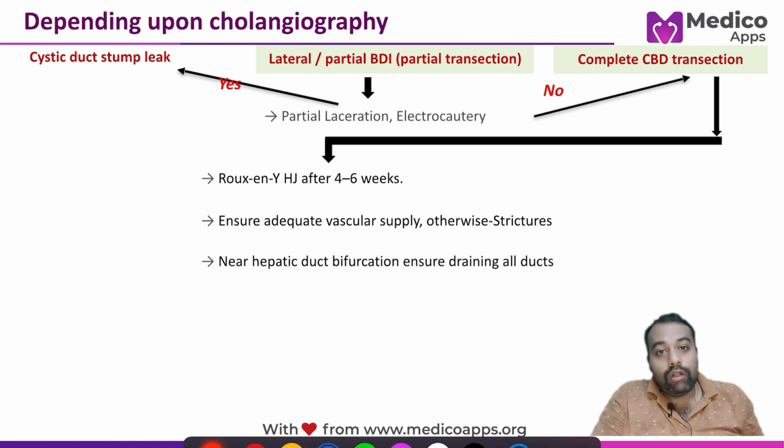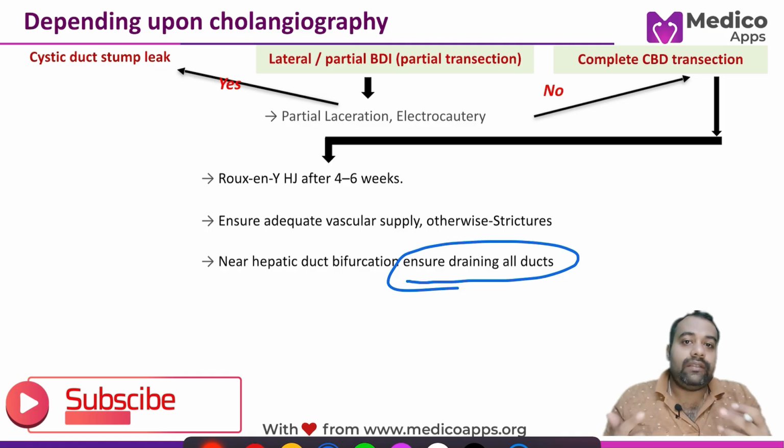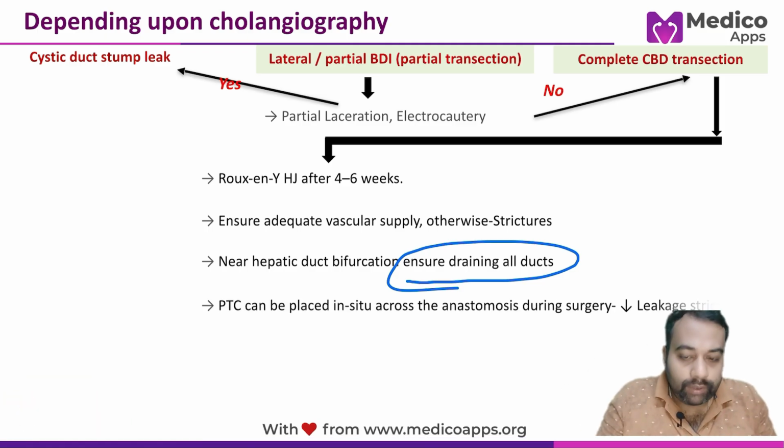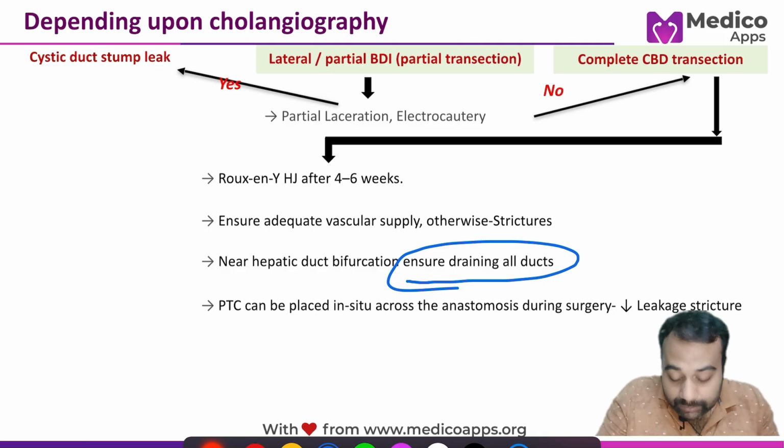Okay, also you have to make sure that near the hepatic bifurcation all the draining bile ducts are included, and you have to make the anastomosis with those as well. Okay, otherwise it will be associated with a postoperative leak.